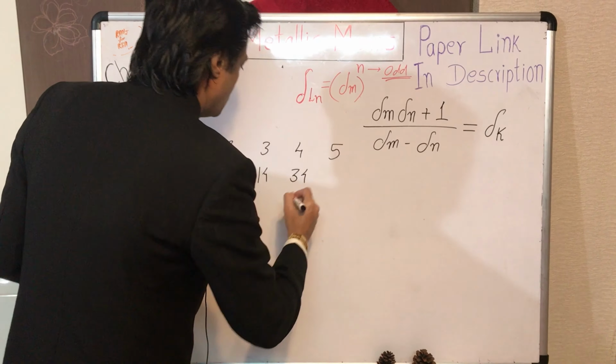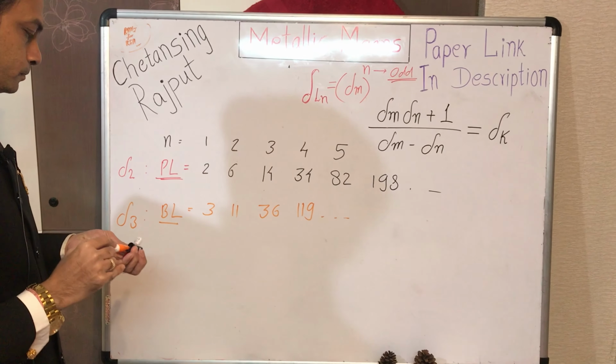Okay, likewise for the bronze ratio, delta 3, we have a similar Lucas sequence. We can call it the bronze Lucas sequence, and the bronze Lucas sequence is like 3 and 11 and 36, 119 and so on.